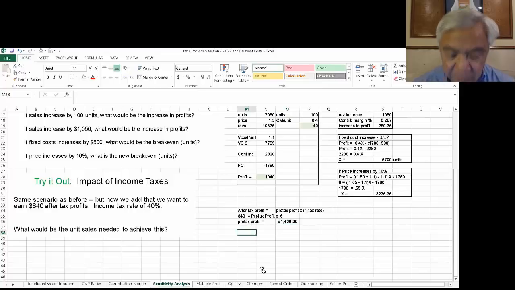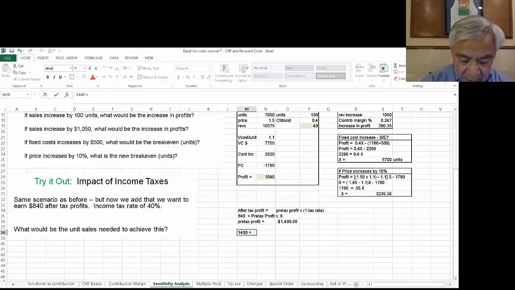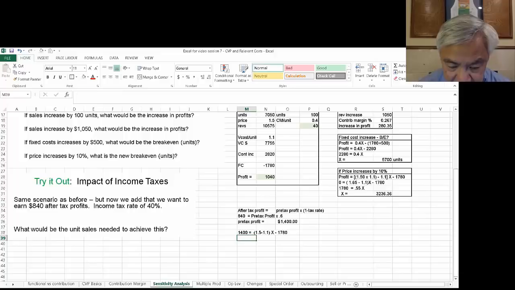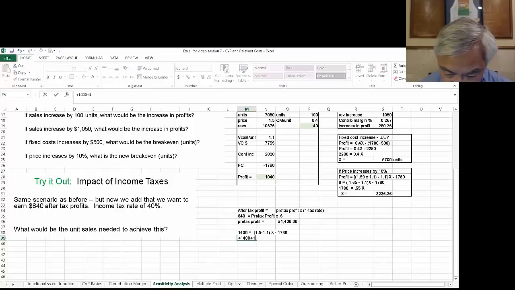So we say if we want to earn 1,400, that has to equal the price, $1.50, minus the variable cost, $1.10, times x, minus the fixed cost, $1,780. We can bring 1780 to the other side, so that's plus 1400 plus 1780, and that has to equal 0.4x.